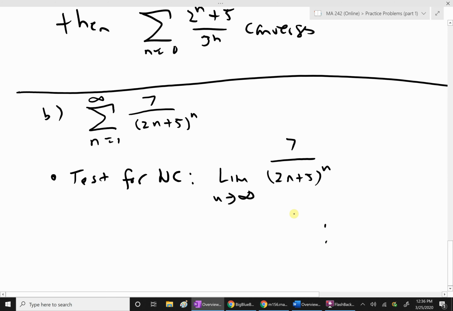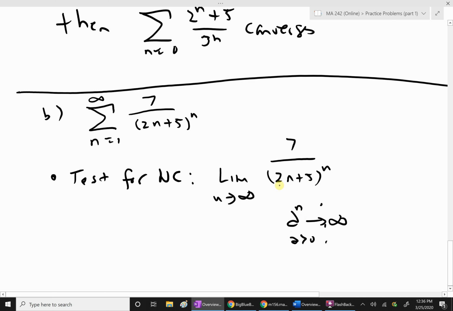Right. So one way of looking at it is to think of this as infinity to the infinity, so that's going to be infinity, and anything over infinity is 0. You might also notice that for any fixed number, we know that a to the nth, if a is greater than 1, converges to positive infinity. And so these terms become greater than any fixed number.